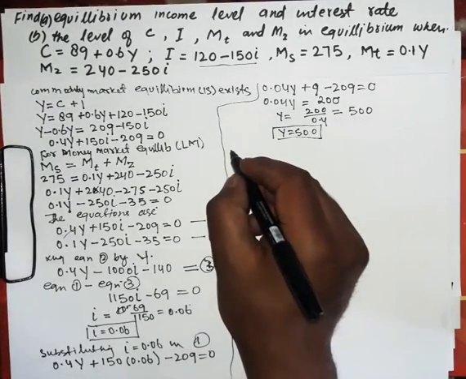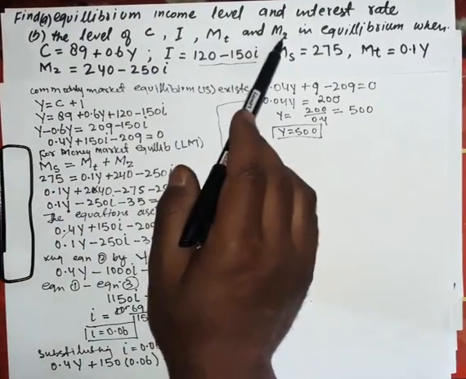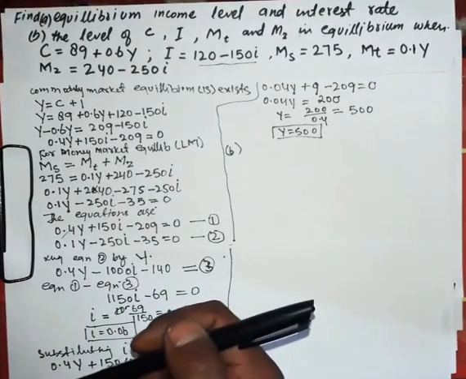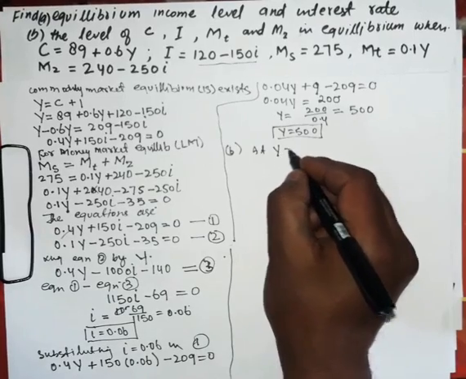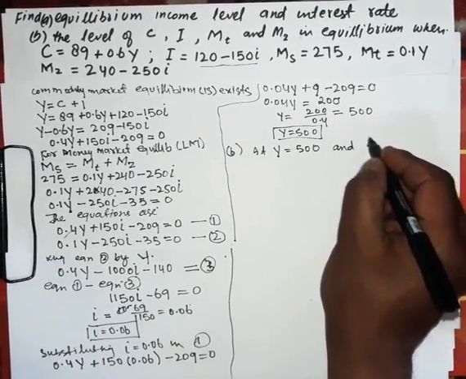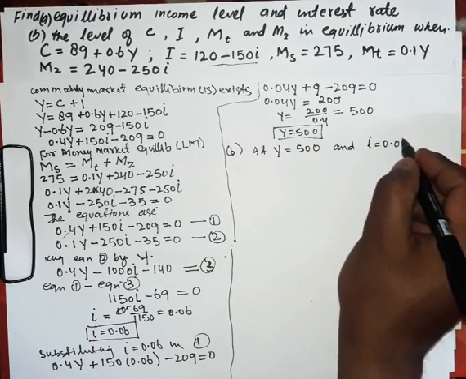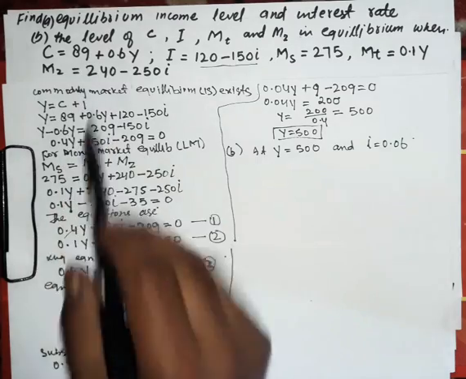Now our B part was to find the level of C, I, MT and MZ. Now Y is equal to 500 and I is equal to 0.06. We have already calculated them. Now inserting these into the corresponding equations.